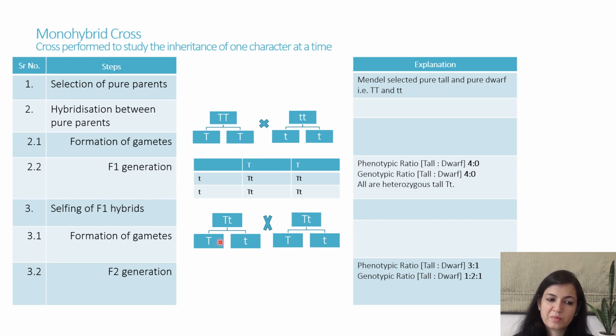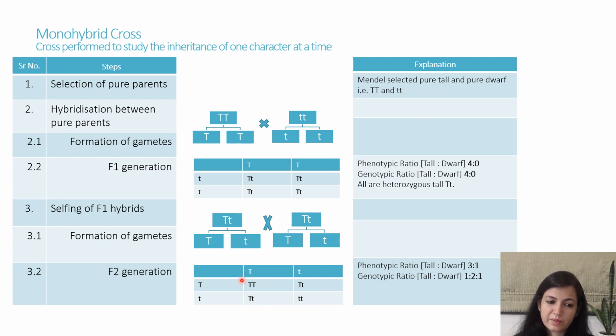So gametes formed will be capital T and small t, as this is a heterozygous parent, so dissimilar gametes will be formed. After this, when they are crossed together, the offsprings which are obtained in the F2 generation, these four offsprings, out of them, three are going to be tall.